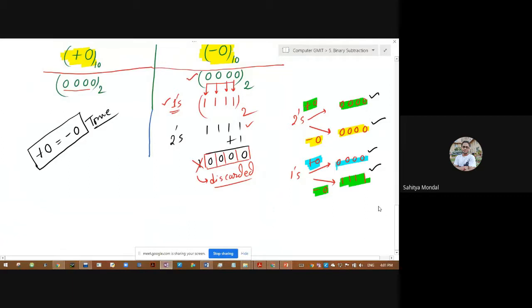Because computer only understands binary. Now 4 will be stored in how many bits? That will be the size supported by the computer. So nowadays computers store integers in 32-bit locations. That means you can put all these 32 ones to get the maximum value of integer that can be stored.